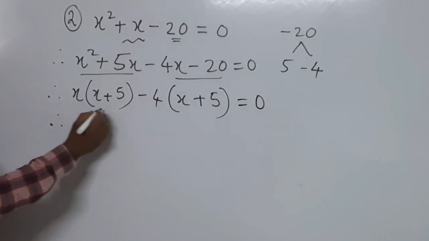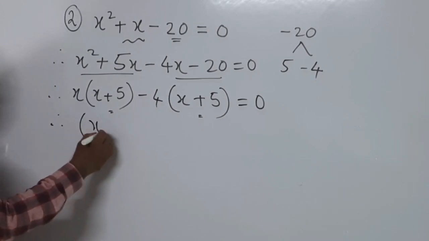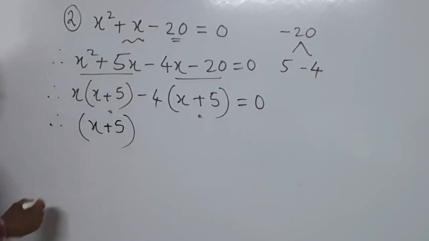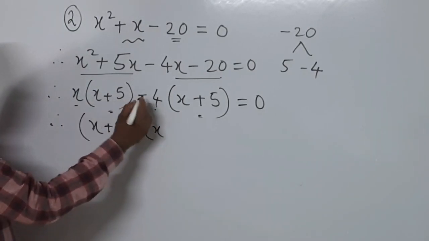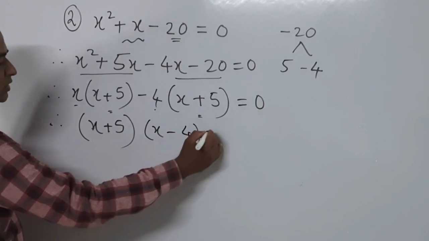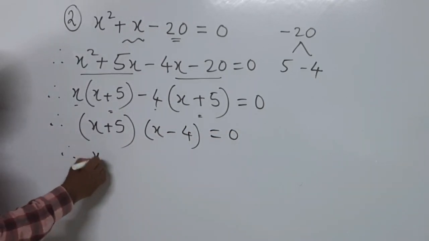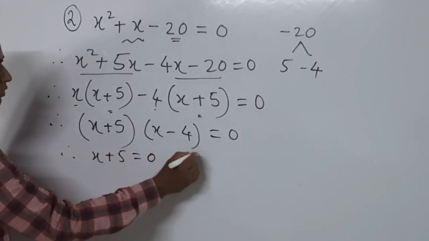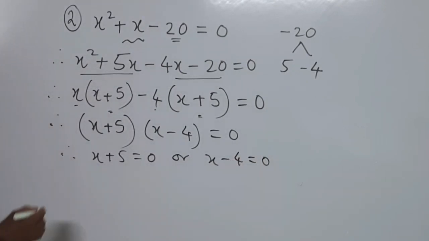Now you see here, this bracket x plus 5 is common. So take x plus 5 common in the first bracket, and x minus 4 in the second bracket is equal to 0. Therefore, x plus 5 is equal to 0 or x minus 4 is equal to 0.